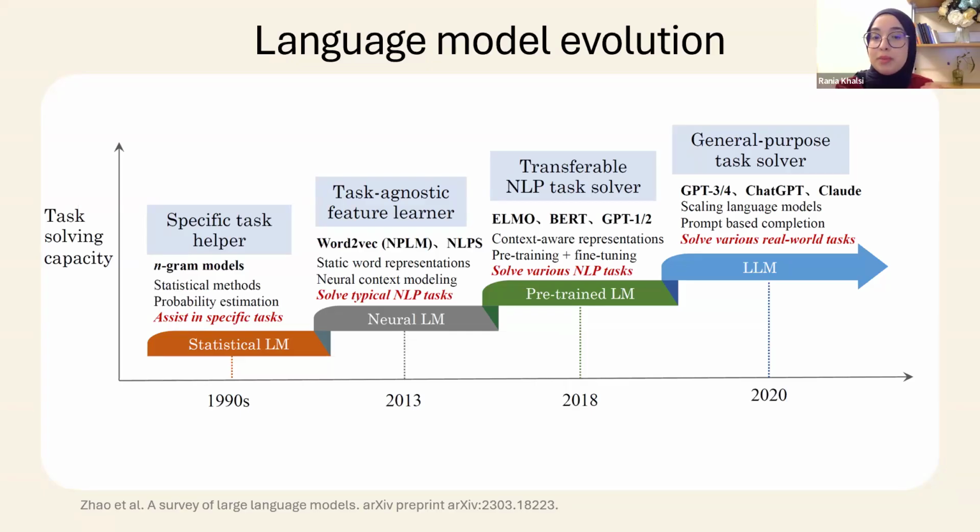It could solve multiple NLP tasks using only the encoder part. And GPT mainly uses the decoder part, and it can also solve such problems. So these models are now considered pre-trained LLMs.